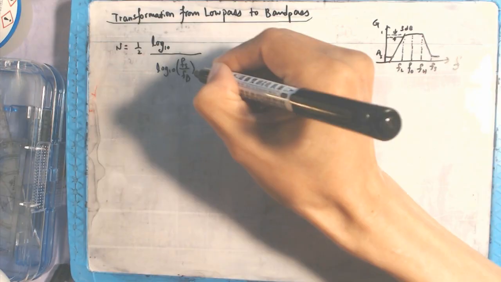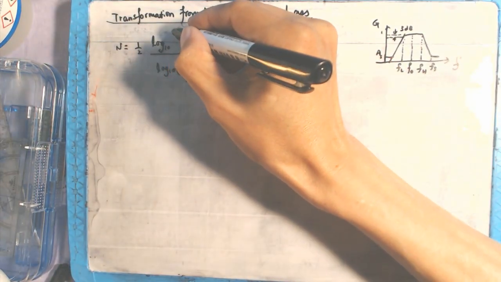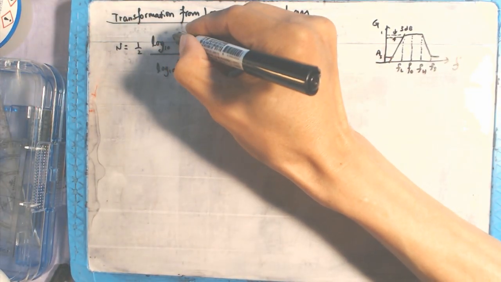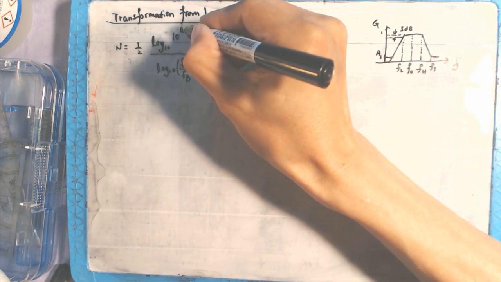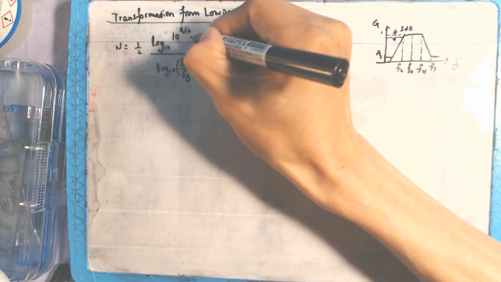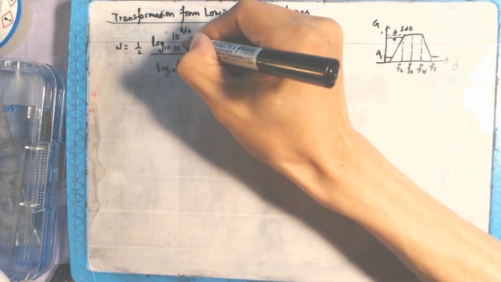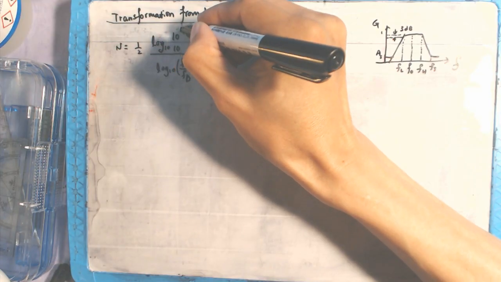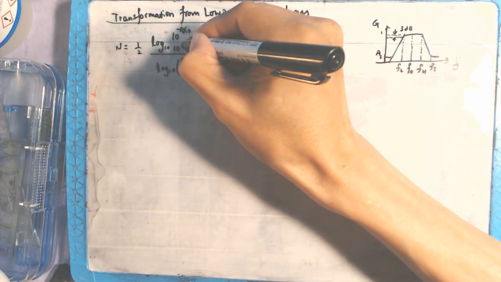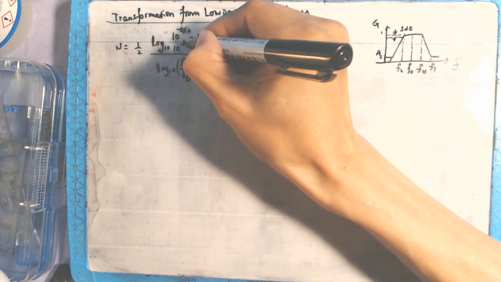So here I would say 10 to the A S over 10 minus 1, 10 to the A P over 10 minus 1.